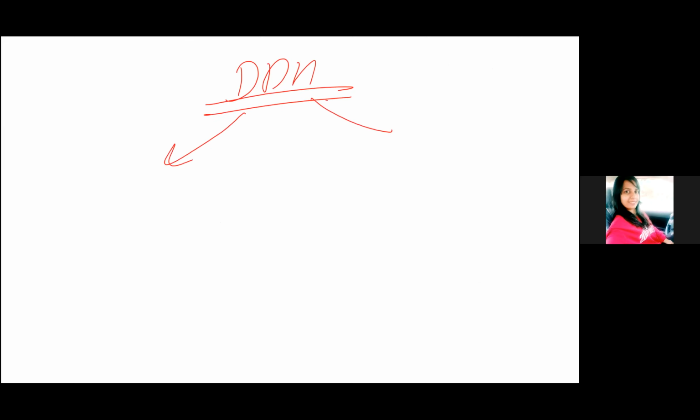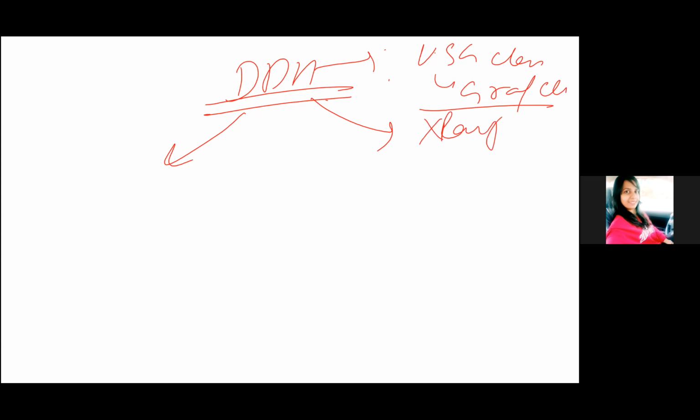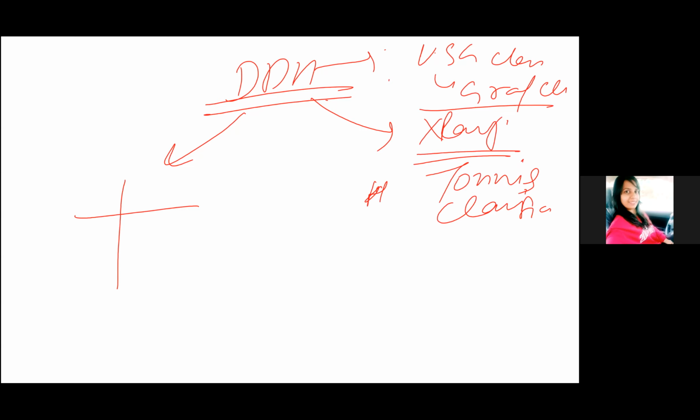Okay, in DDH, what happens? In DDH, we have the USG classification, that is Graf classification. Then we have the X-ray based classification, that is Tönnis classification. Okay, for the Tönnis classification, this is Perkins line. This is the line passing from the supra-acetabular area.